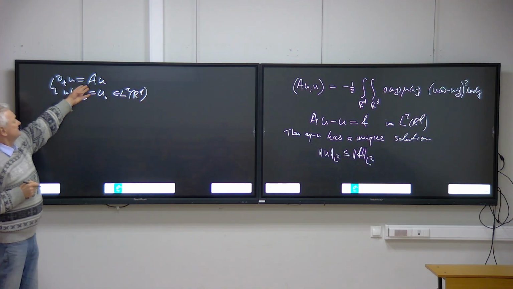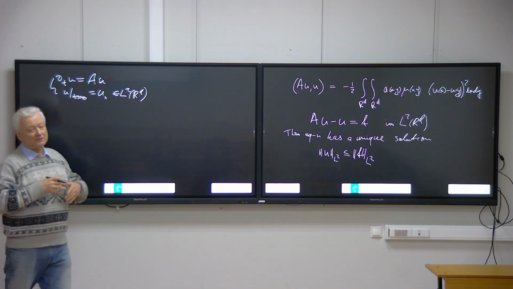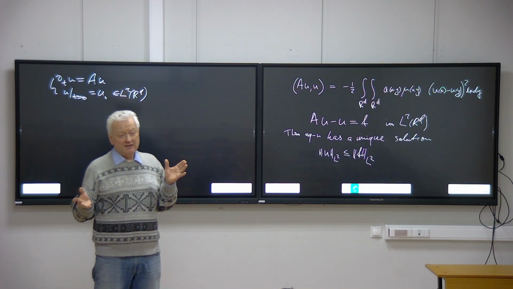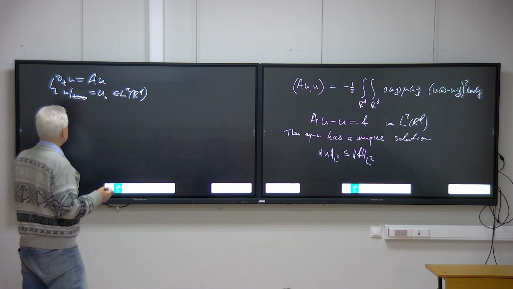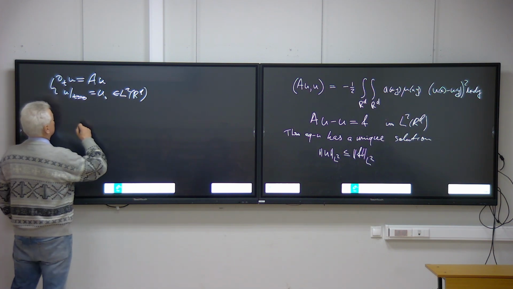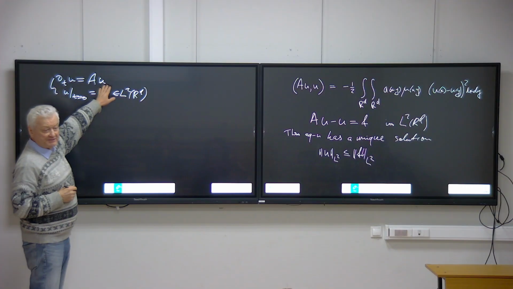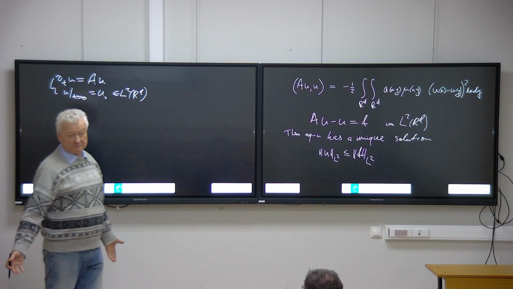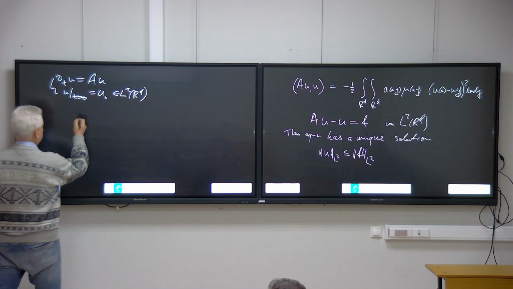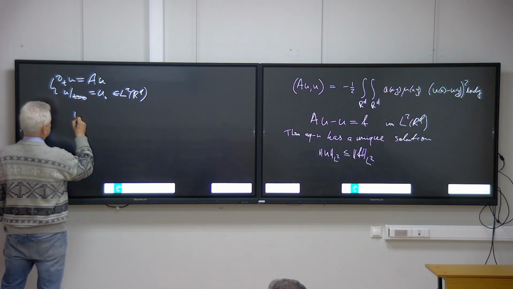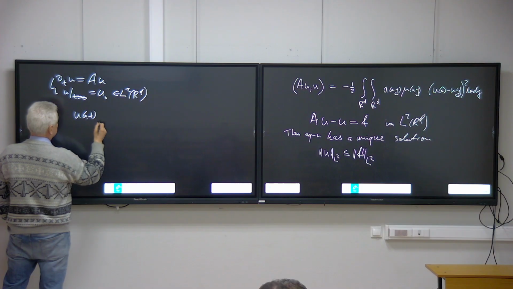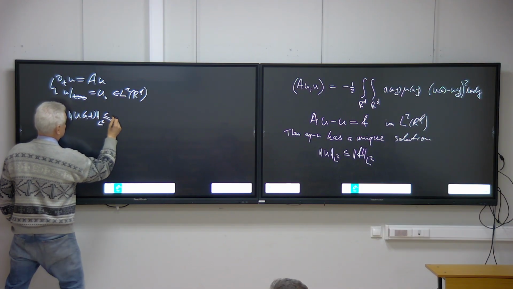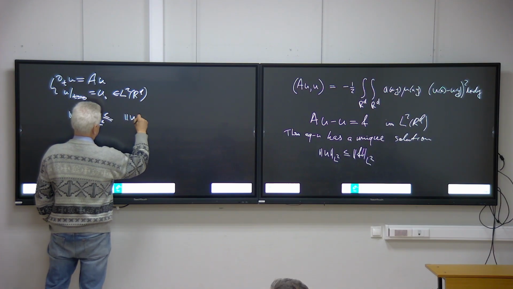Then since it's a bounded operator, the semigroup is very well defined, and since the operator is non-positive, it's a contraction semigroup. We can solve this equation. There is a unique solution, and the norm of u of x, t in L2 is less or equal than the norm of u0 in L2.